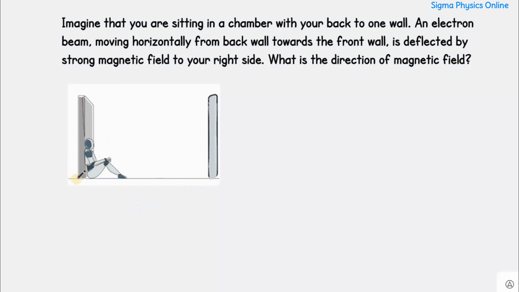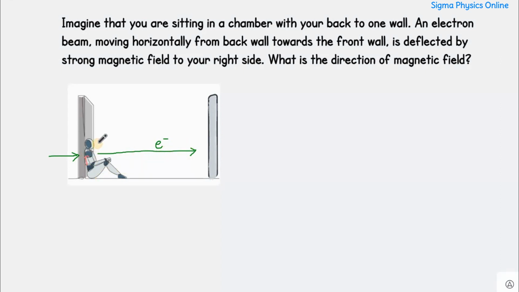Okay, so here we are sitting with our back to one of the walls. And an electron beam is moving horizontally from our back in this way. So this is the direction of motion of the electron beams. Now electron beams, you know, are negatively charged particles. The electron beams which were moving from our back to our front horizontally were deflected by a strong magnetic field to our right side.